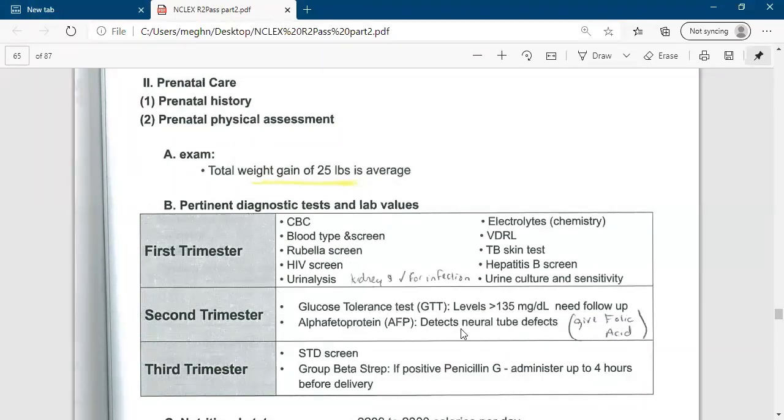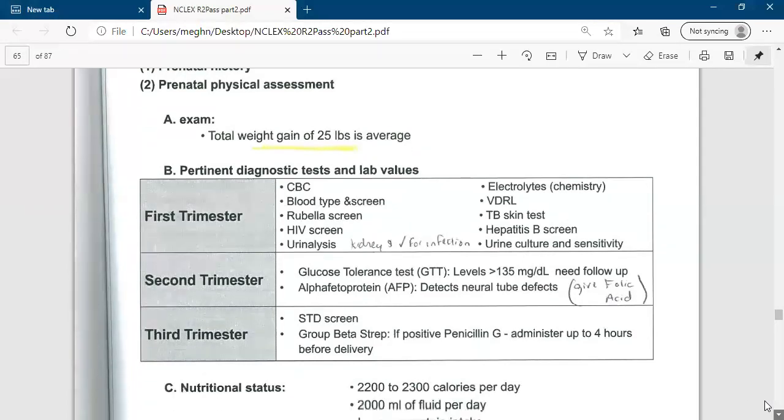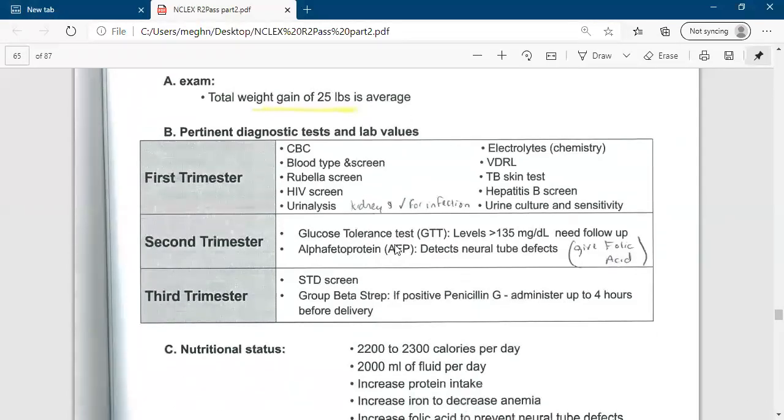If alpha fetoprotein is less than normal, the patient may develop Down syndrome. If alpha fetoprotein is more than normal, neural tube defect.